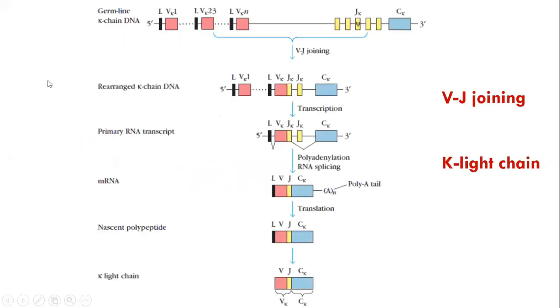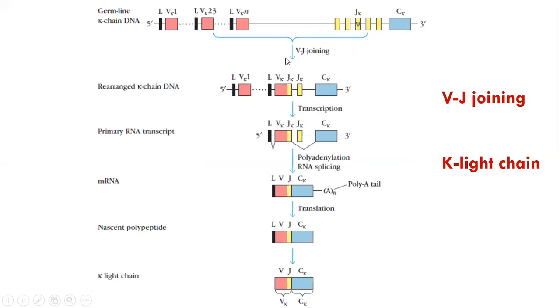Let's talk about light chain VJ recombination. For example, the K light chain we are looking at here. So this is the germline DNA arrangement. The K light chain consists of only one C unit, with variable V and then J regions.